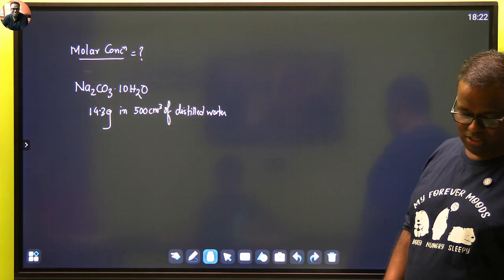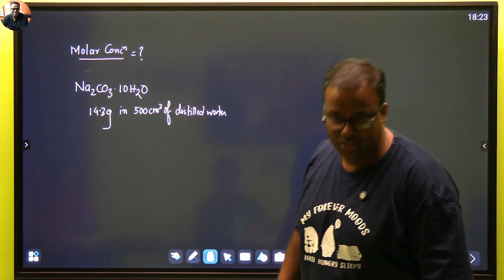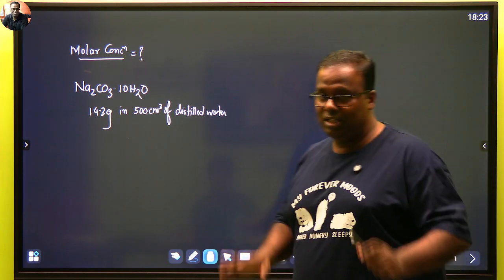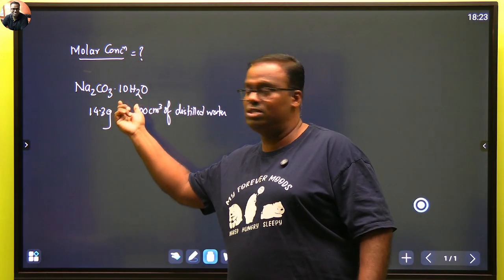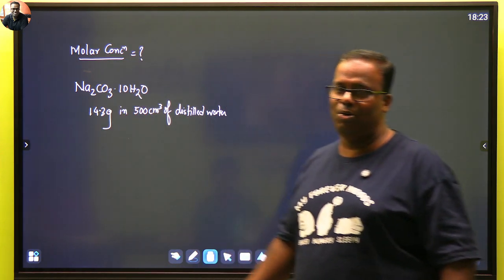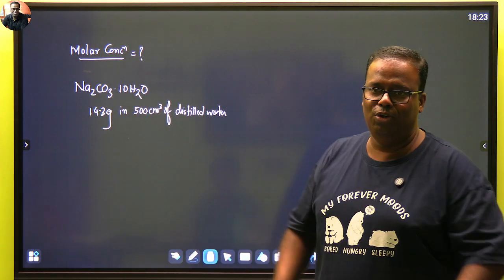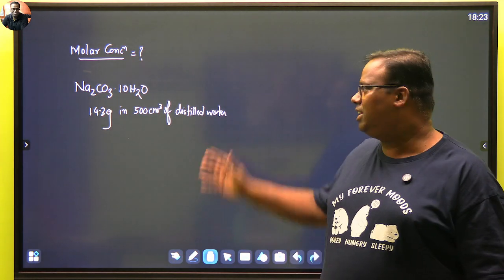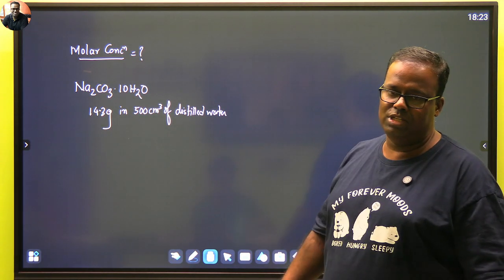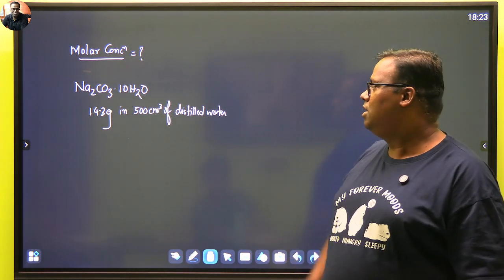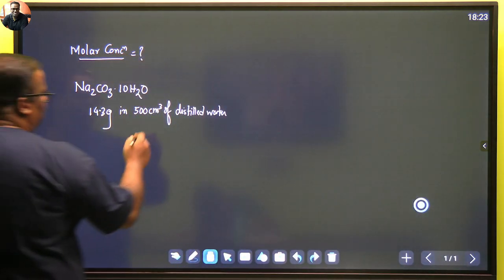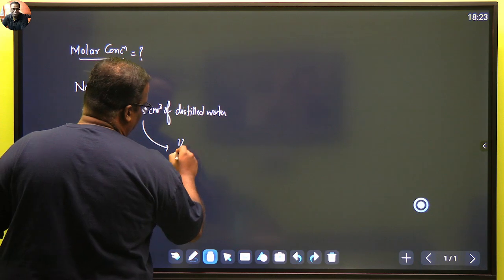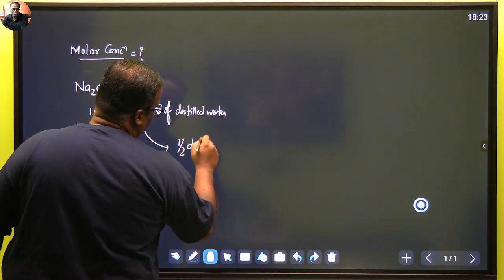But I don't think your book will go to that level, otherwise they should have given it. If this had been another liquid, its density would have had to be given, because it would also have a volume. So they are thinking it will be almost negligible, so you can take the volume as 500 itself. 500 means half a dm cube.